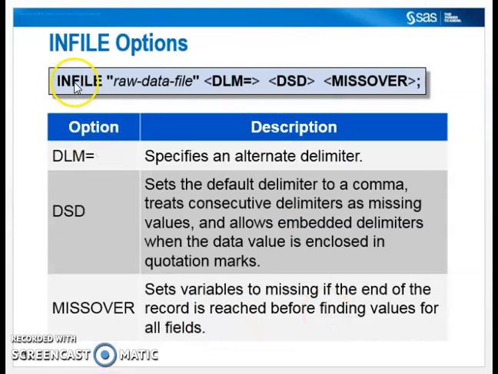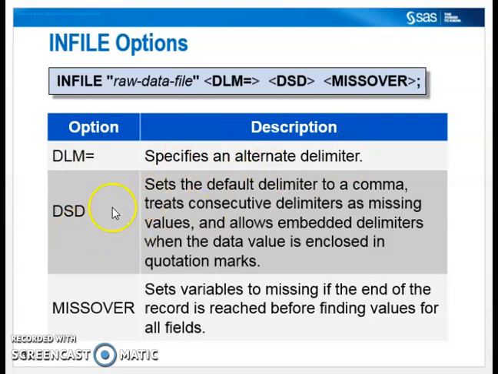This is the summary for INFILE options. INFILE followed by the raw data file, and you can put DLM, DSD, or MISSOVER. The DLM option specifies an alternative delimiter, for example comma or tab.